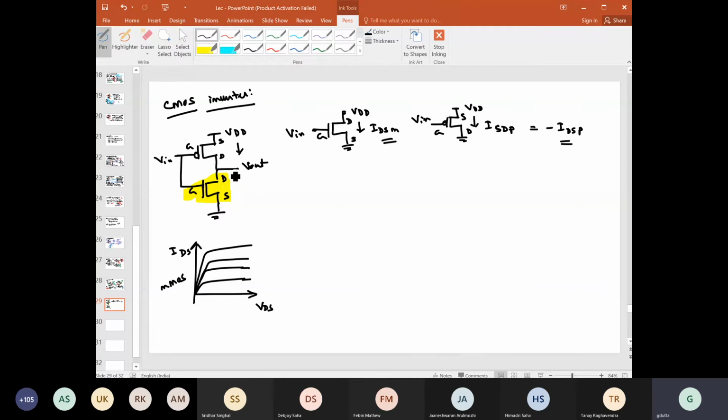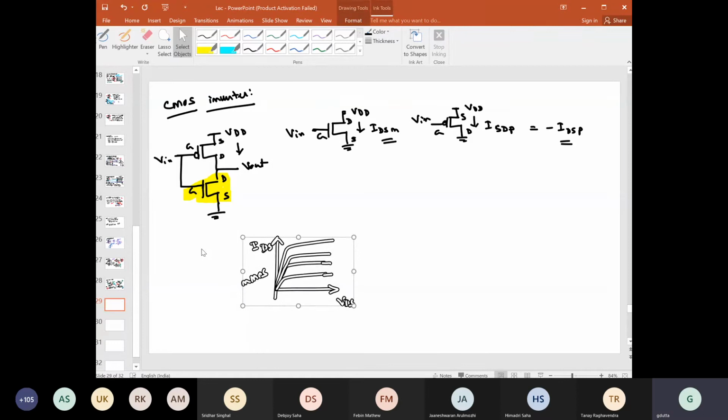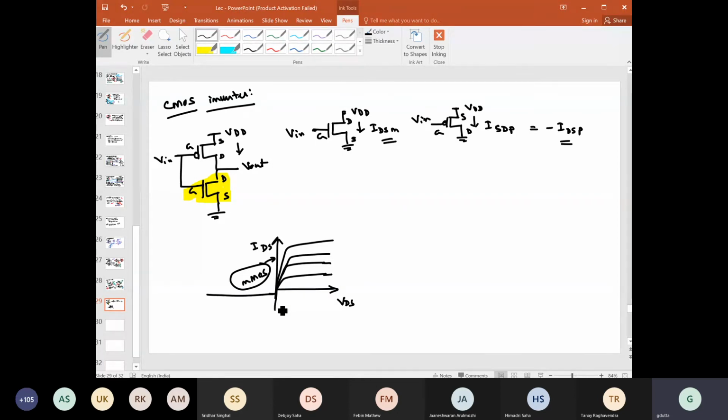And if you want to draw on the same plot the output characteristics of this PMOS, this is for NMOS, all this. If you have to draw it for this PMOS, then here the characteristics would be like this.